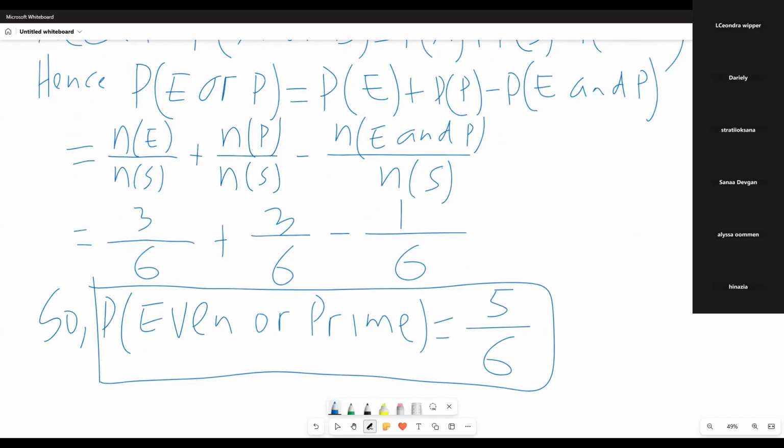Is this clear to everyone? Yes. This is how you perform the addition rule of probability.